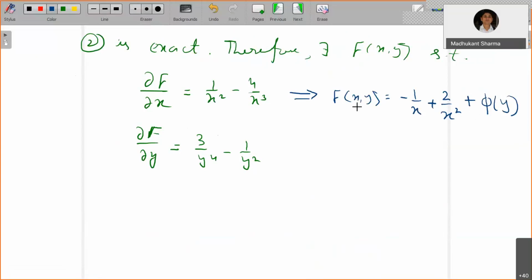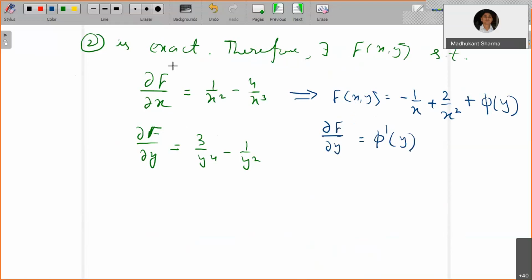Because when you differentiate partially with respect to x, the derivative of this is 0. Now from here you can certainly find ∂f/∂y is equal to φ'(y).